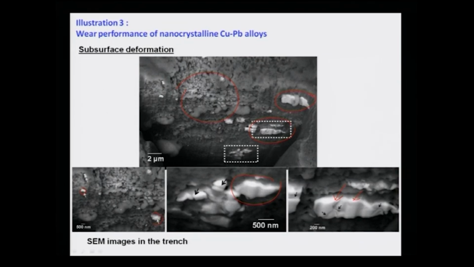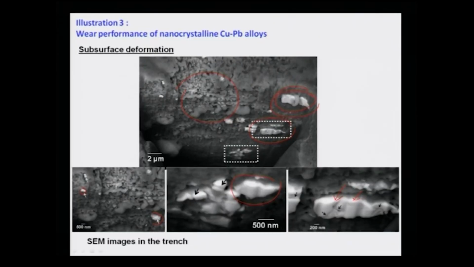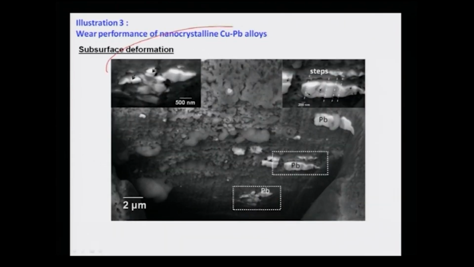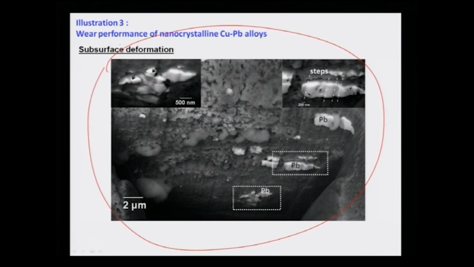So, during the whole wear process, temperature does rise in the subsurface domain of the sample and leads to the sintering, and during deformation some of these lead particles do get deformed and steps form on the surface and fracturing also does happen. This is again shown here in a very high magnification picture with insets. So, this you can see very clearly.